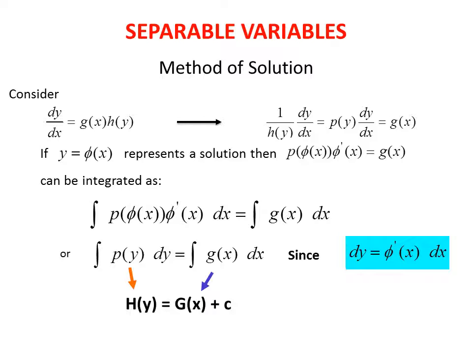Here, if these two functions are integrable, then the integral of p of y can be written as capital H of y, and the integral of g of x can be written as capital G of x plus c.